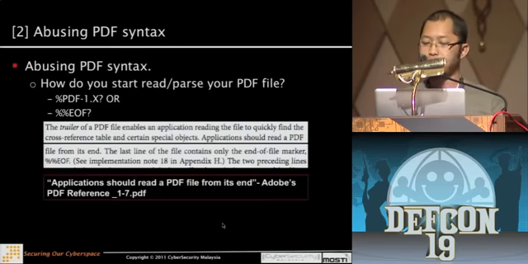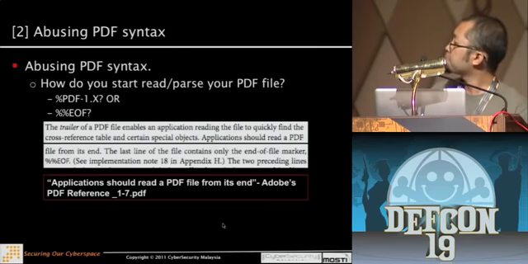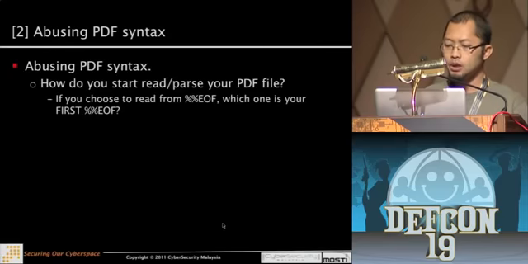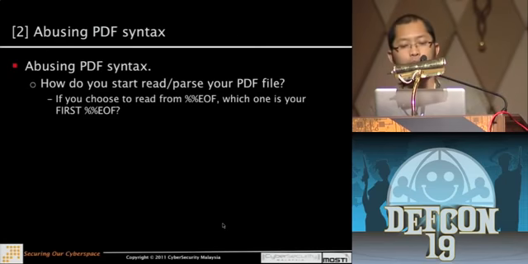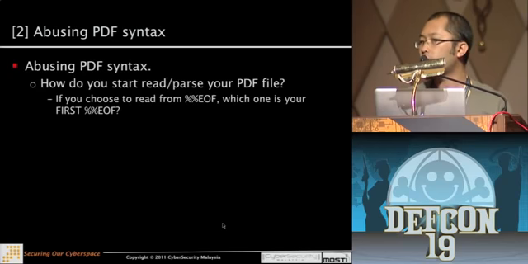According to the Adobe reference, you should start from the end of the PDF. But the problem is, if you choose to read from the xref, which one is going to be the first xref? Because like I mentioned earlier, you can have multiple xref sections within a single PDF file.